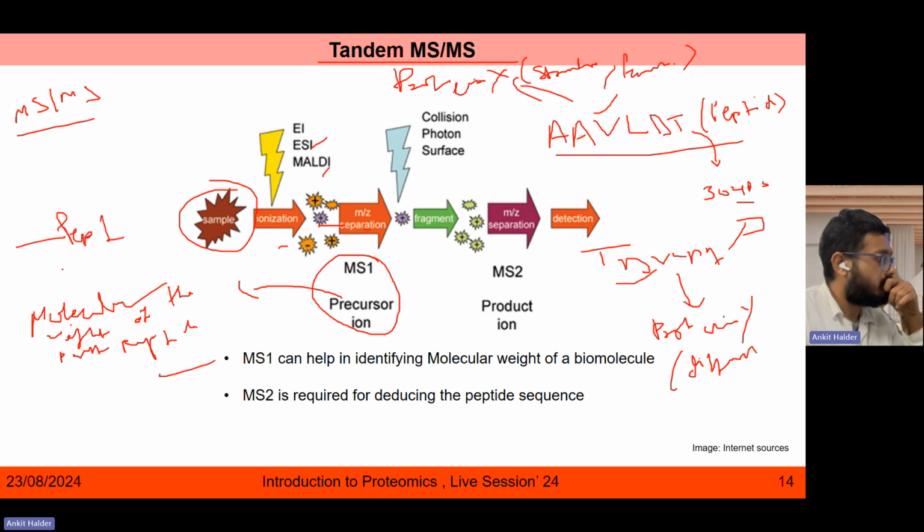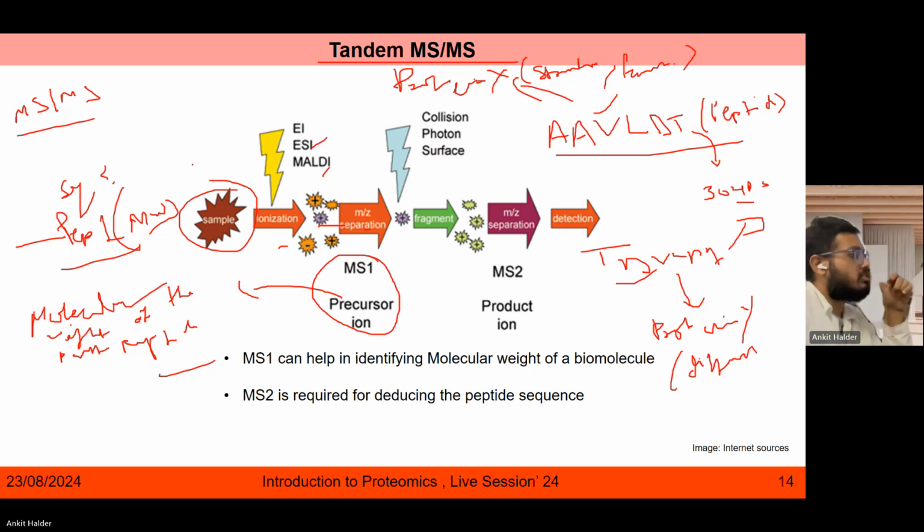This is the molecular weight we are getting. But what is the sequence? That remains a question mark. For deducing the sequence of the peptide, the concept of tandem MS/MS emerges, and it helps us in deducing the actual sequence of the peptide.